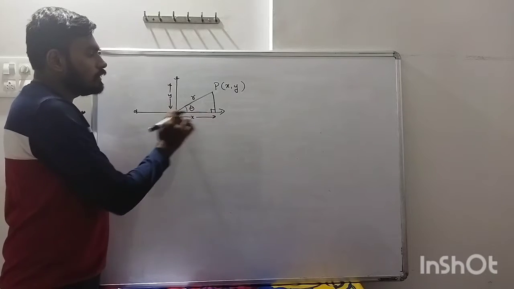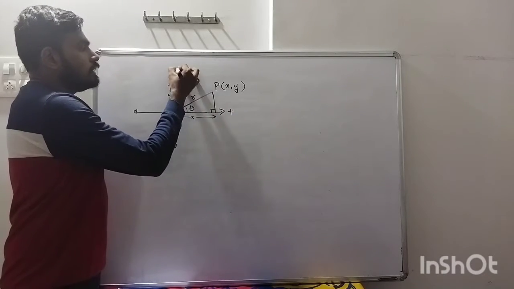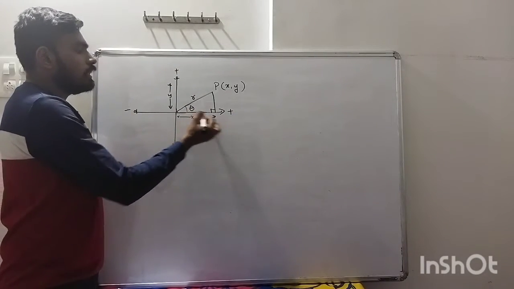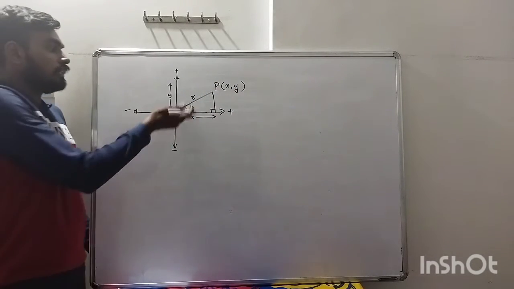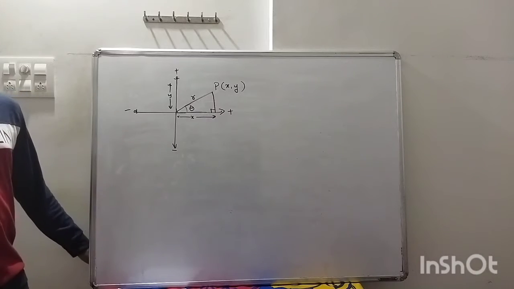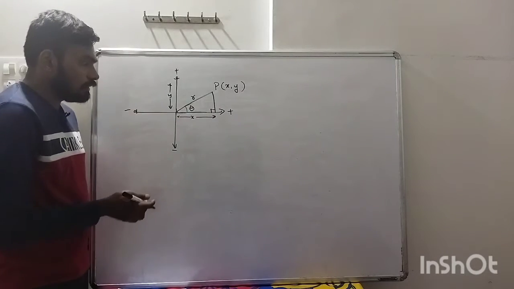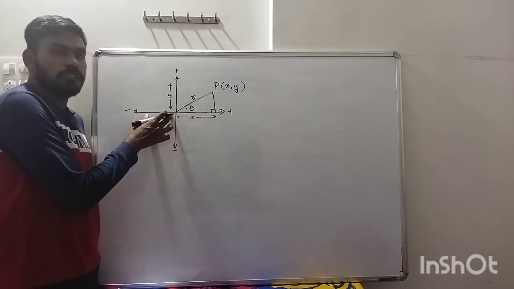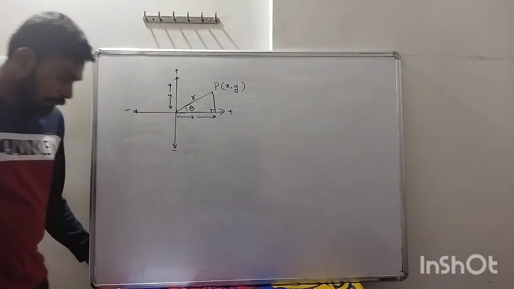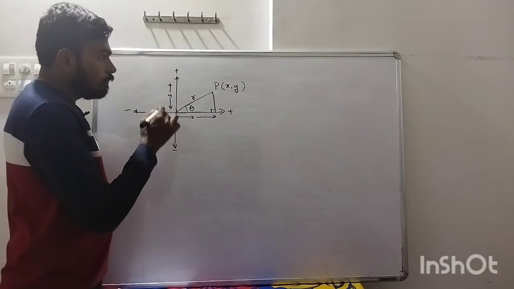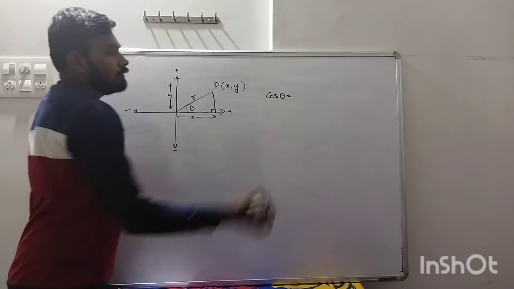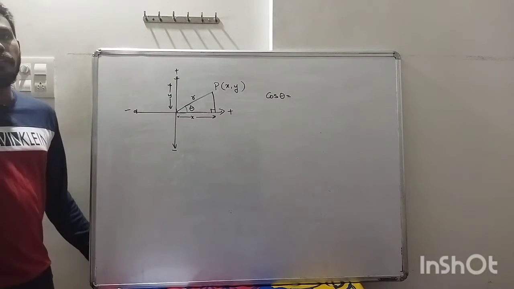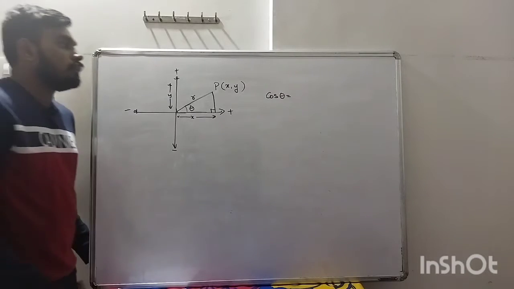Since both are in the positive direction, this is plus x, plus y. If they are in negative directions, you have to take minus. For example, here you take minus x, and this is y. So this is the new way to write cos theta now.